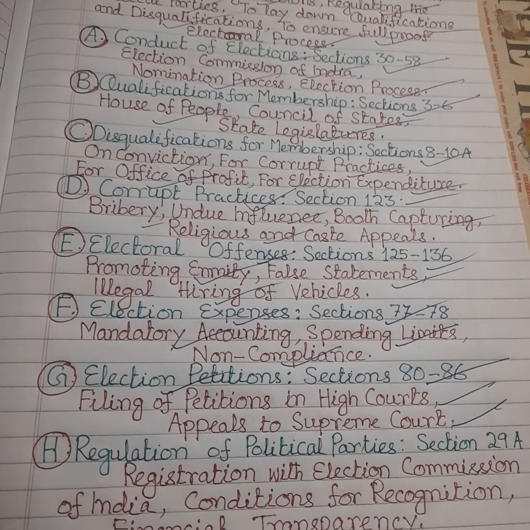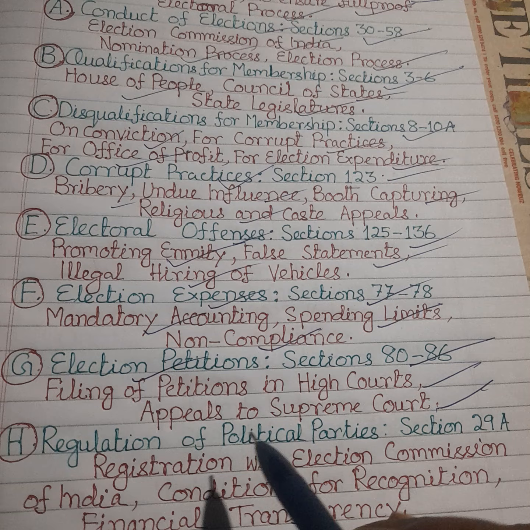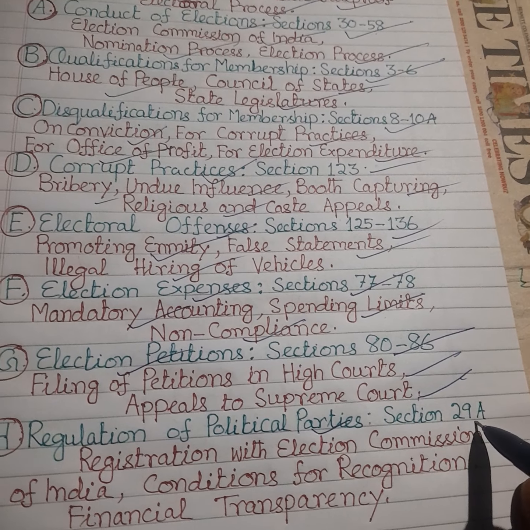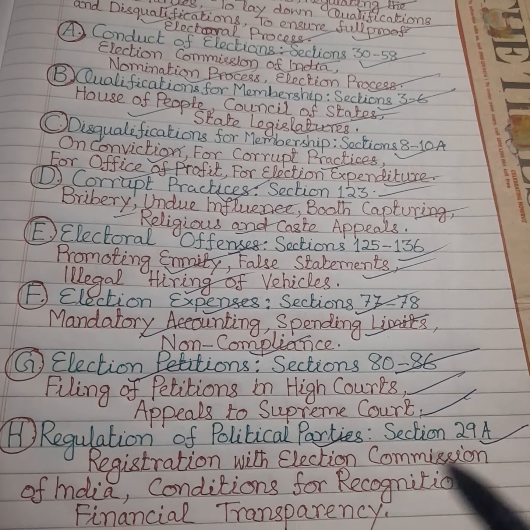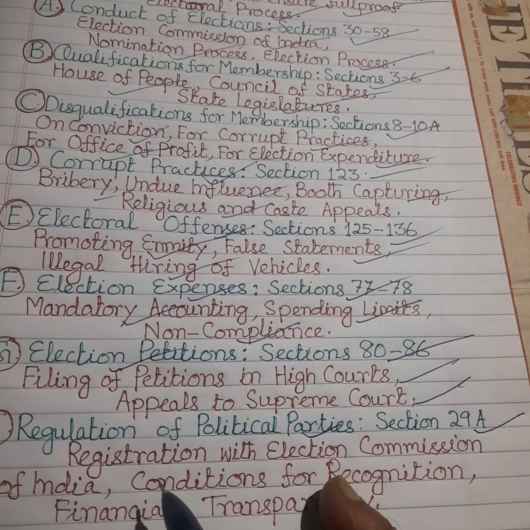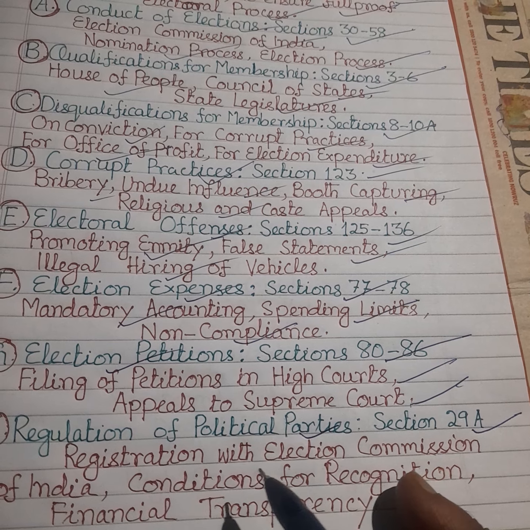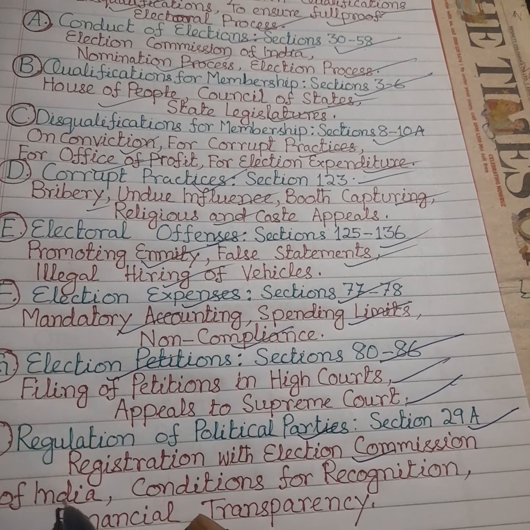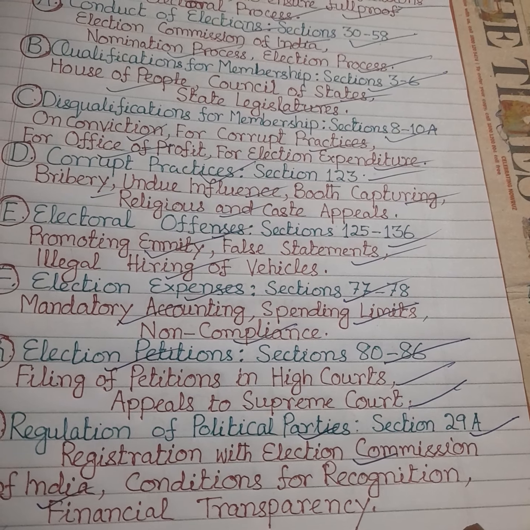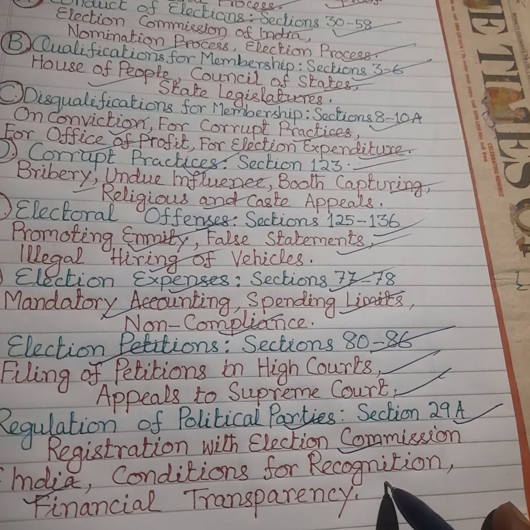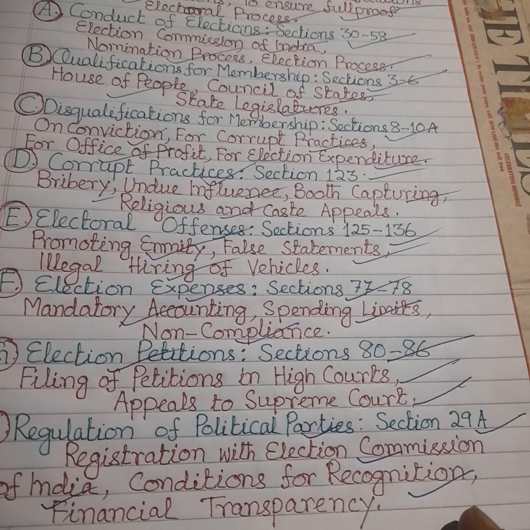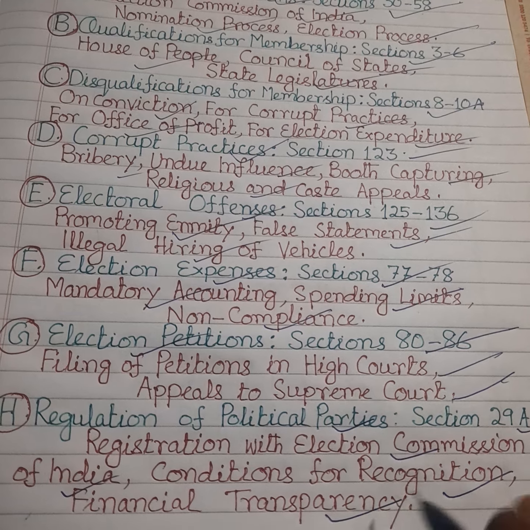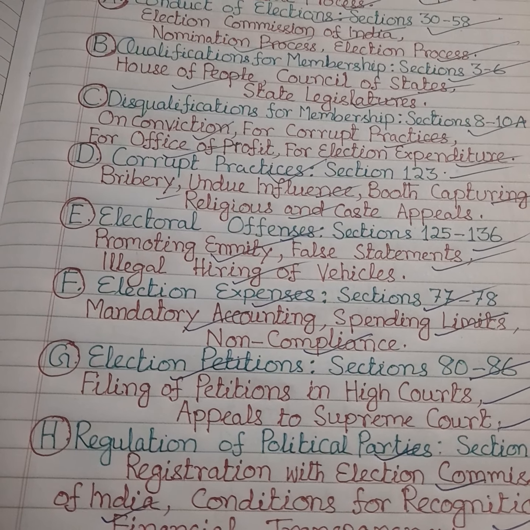1951. And now we would like to discuss the regulation of political parties as provided under Section 29A, in particular registration of a political party with the Election Commission of India, the conditions for recognition of a political party, and financial transparency by that political party.